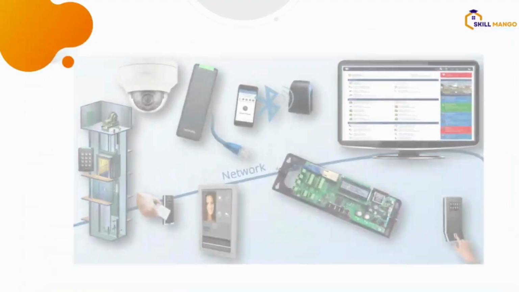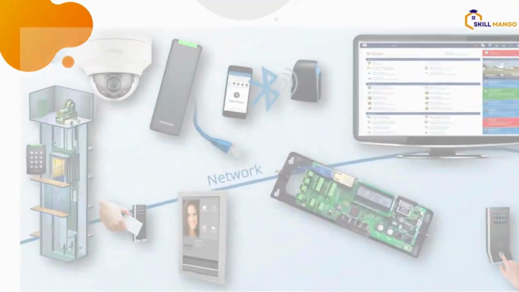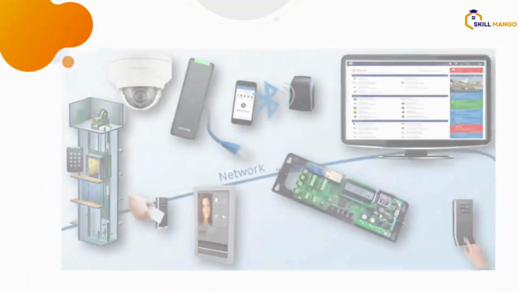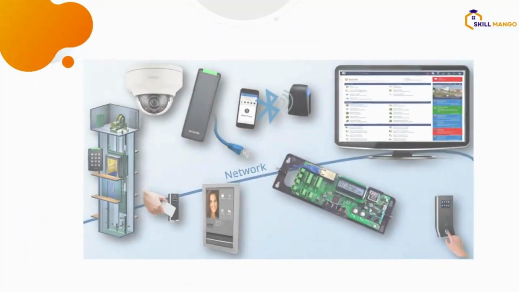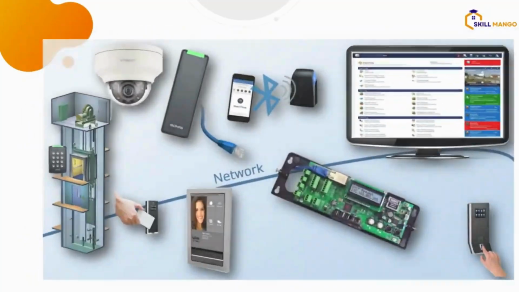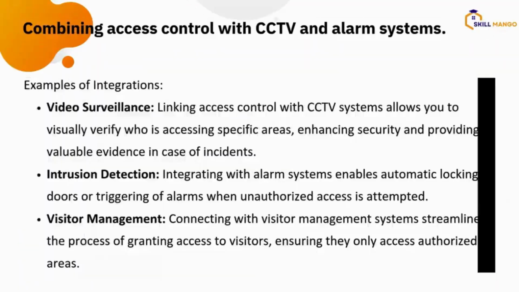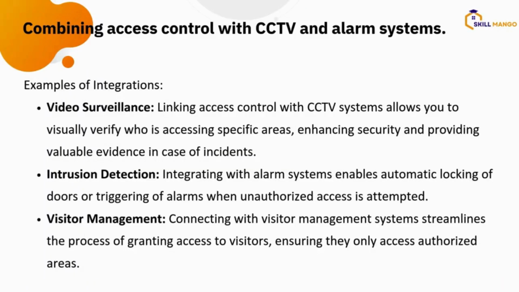These are ideal for highly secured environments like banks, security agencies, and stuff like that. You can do some basic functions like video surveillance linkage, intrusion detection linkage, and what have you.